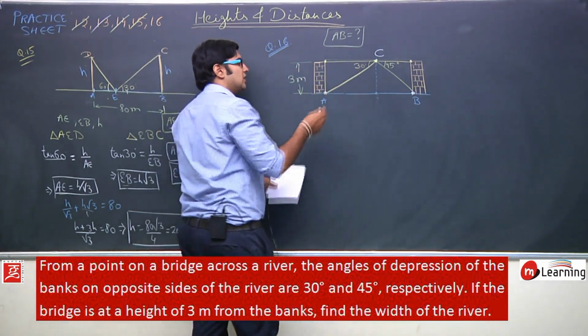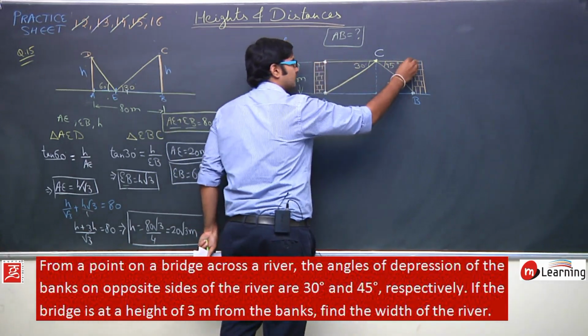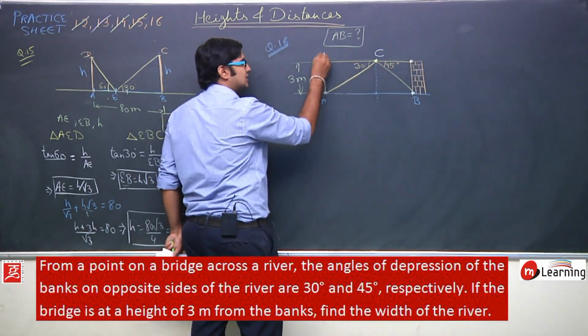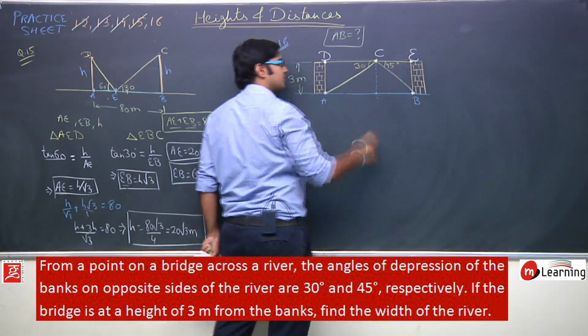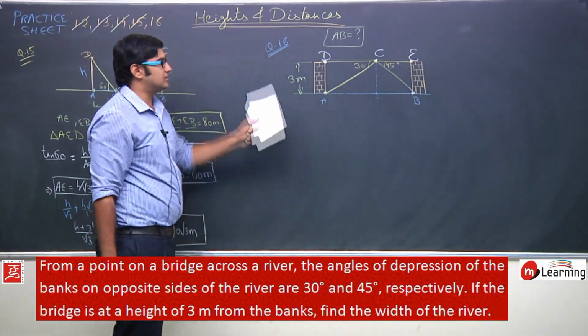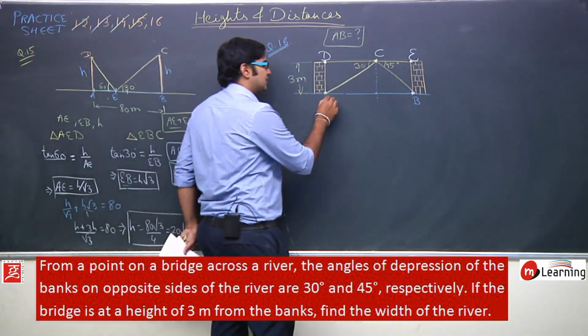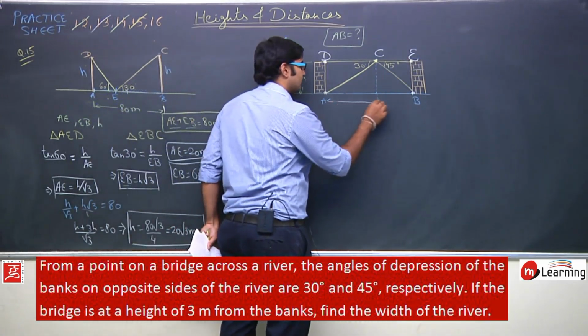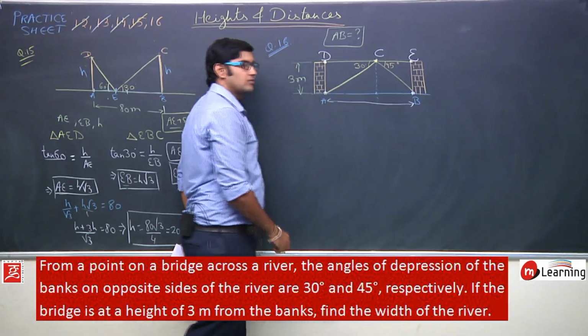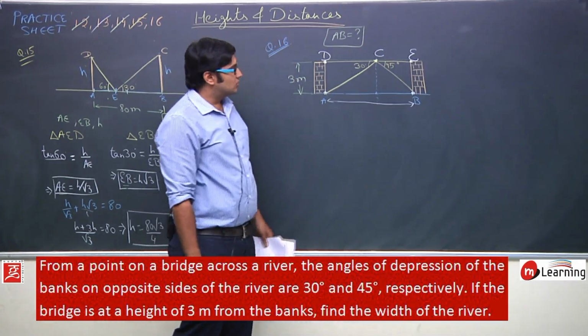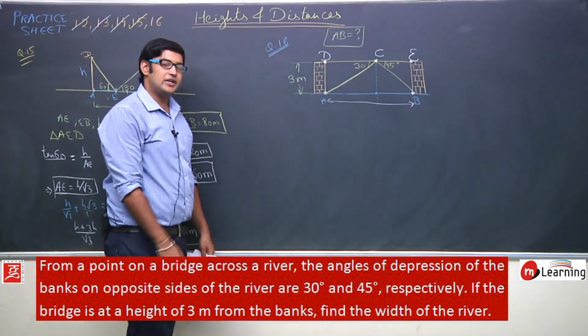Let us say the tops of this tower, these 2 points, this is E and this is D, we have identified. So now our task is to determine this AB. Okay, so we have identified the unknown quantity.